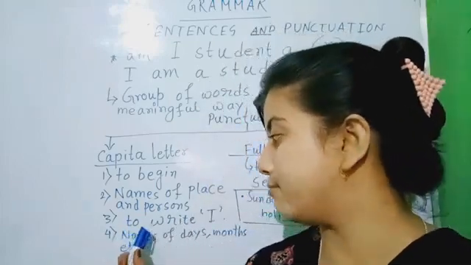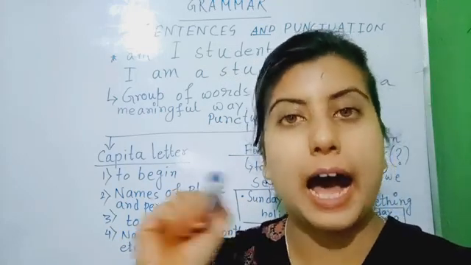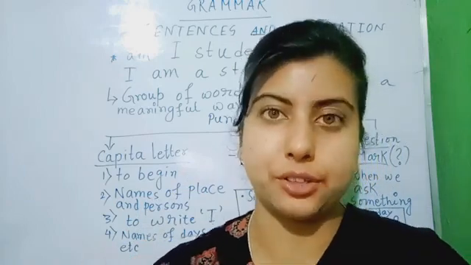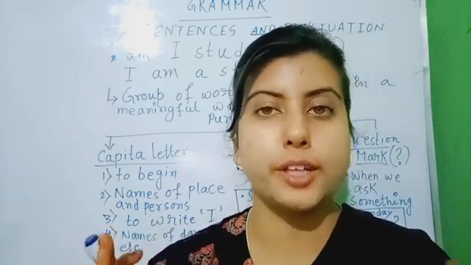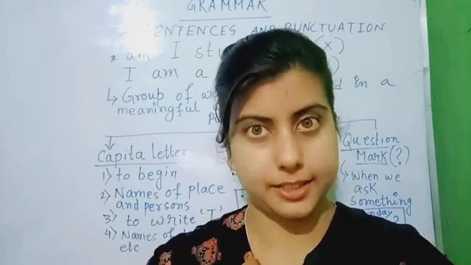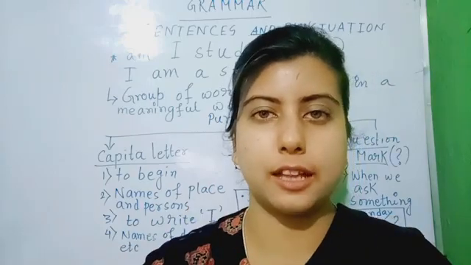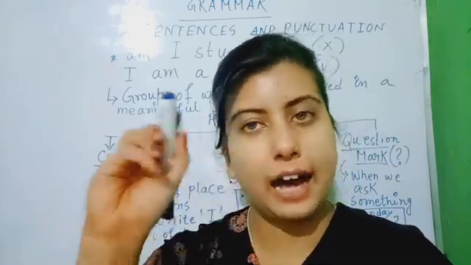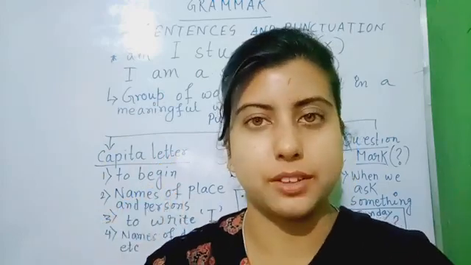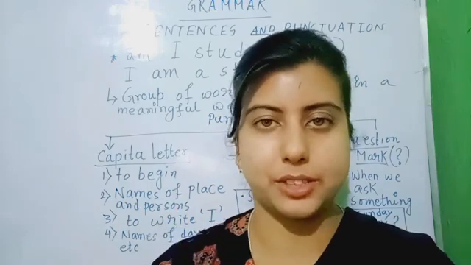Let us look at the other rules of capital letter. Next we have to write I. To write the word I, we need to use a capital letter. We will not use a small i to mention I. So whenever you are writing about yourself, you will write I, but that will be in capital.